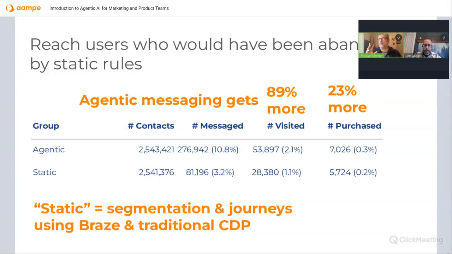One, the number of contacts assigned was all contacts, no matter how long they had been in the app. So there were a lot of churned users in these numbers.